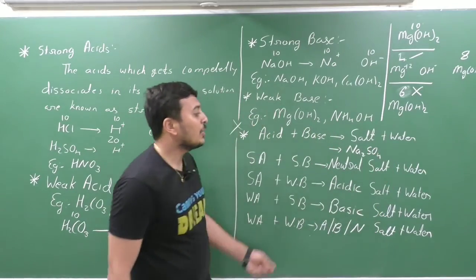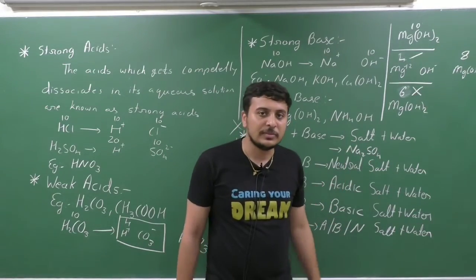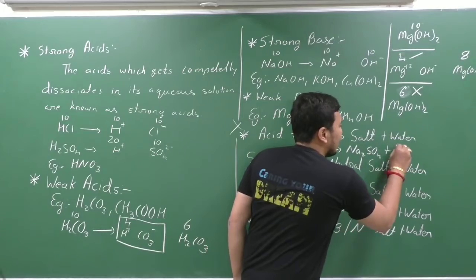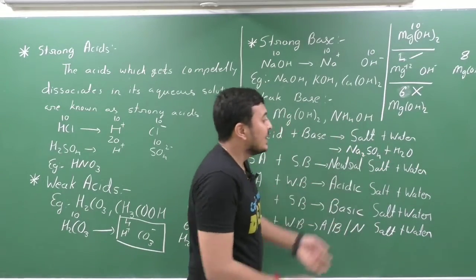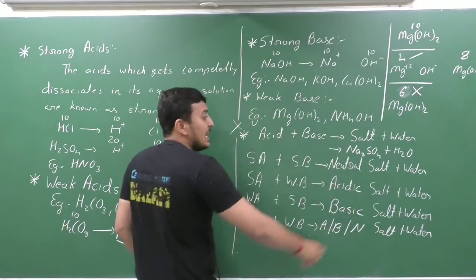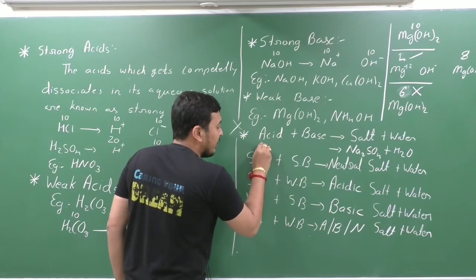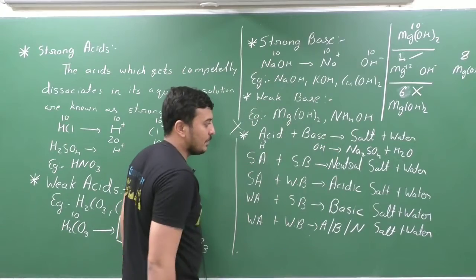How can I say whether the given salt is acidic, basic, or neutral? Now see, this is a salt, then salt plus water. Now what happens? This water is made up of H plus and OH minus.